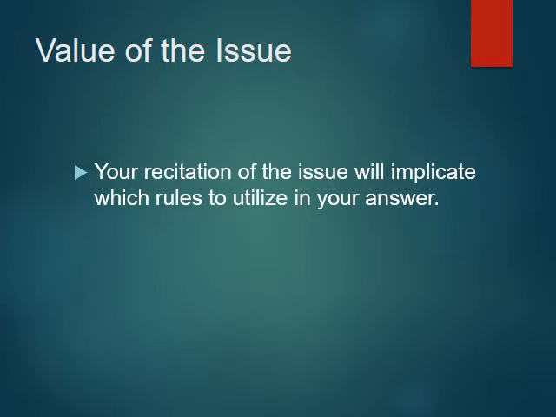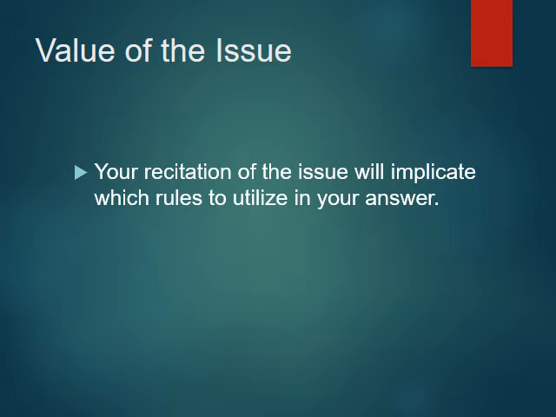Your recitation of the issue will implicate which set of rules to utilize in your answer. And this may seem like a truism, but think about it for a second. Once you identify, either through the call of the question or through an issue spotting analysis, what the issue is, then a certain set of rules will immediately be implicated.